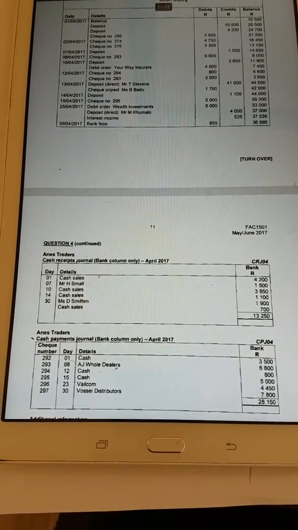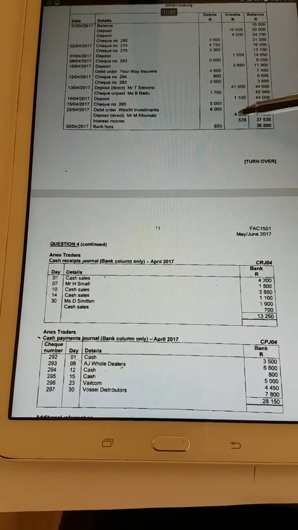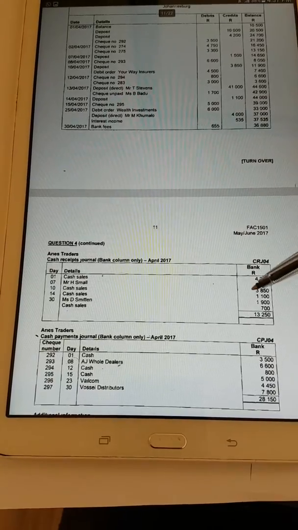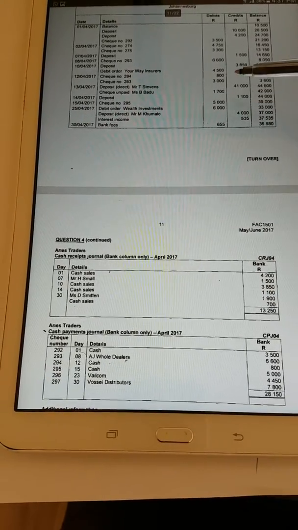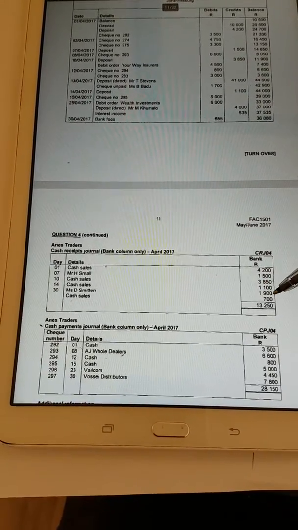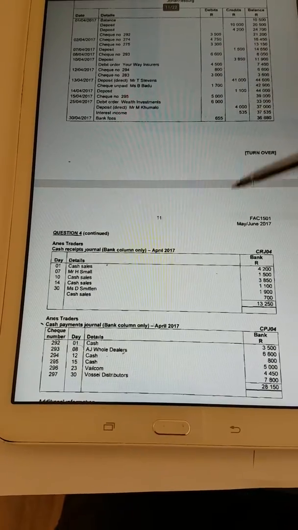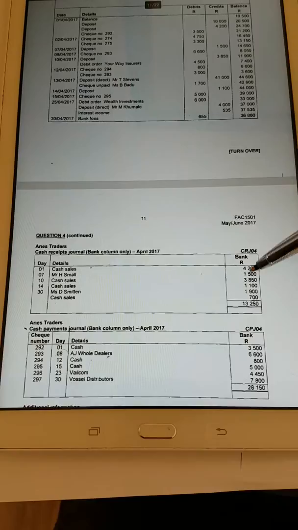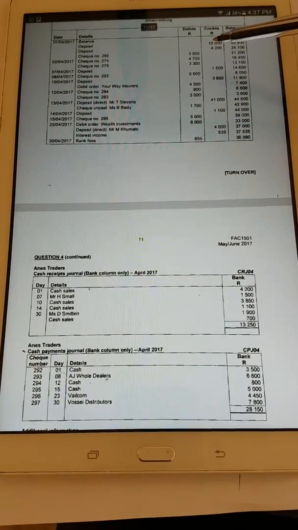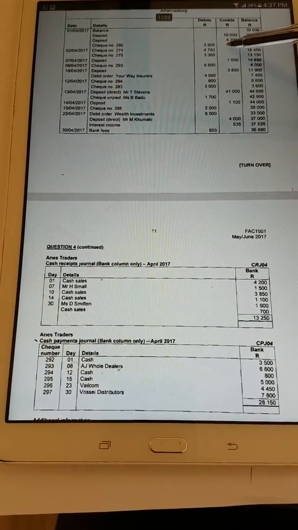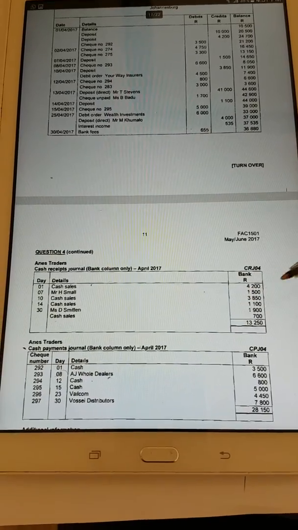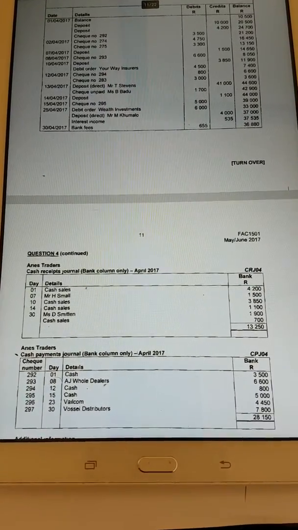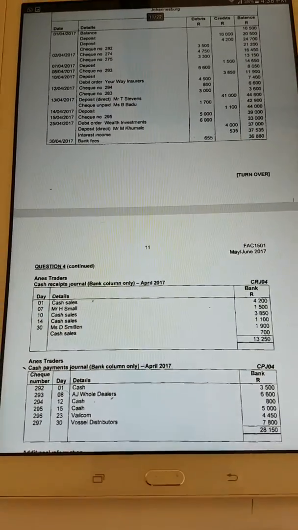Okay, for instance, 1,100, we do have it here. 3,850, we do have it here. 1,500, we do have it. 4,200, we also have it. So we are looking for the items that are on the credit side of the bank statement, but they are not in the cash receipt journal of the given information.